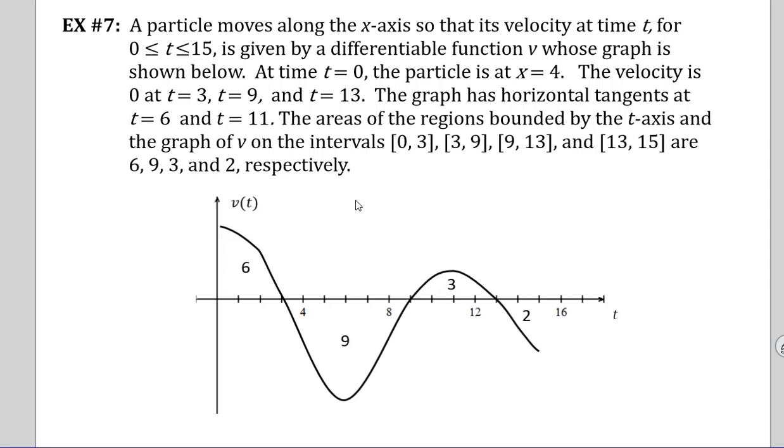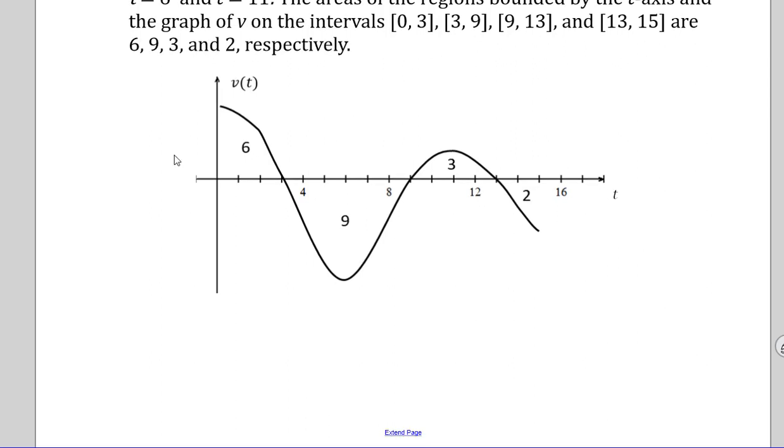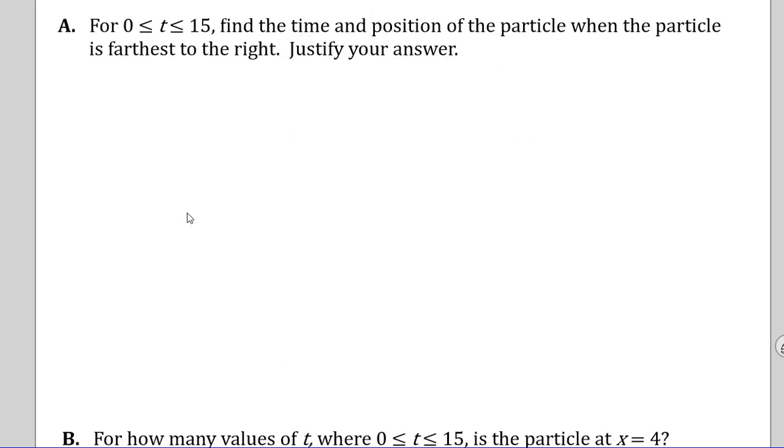They've given us a lot of information. So let's see what they're going to ask us about that. It says for 0 less than or equal to t less than or equal to 15, find the time and position of the particle when the particle is farthest to the right. Justify your answers.